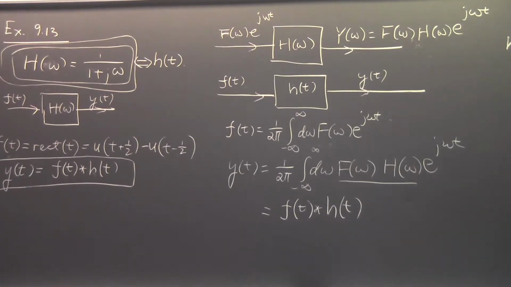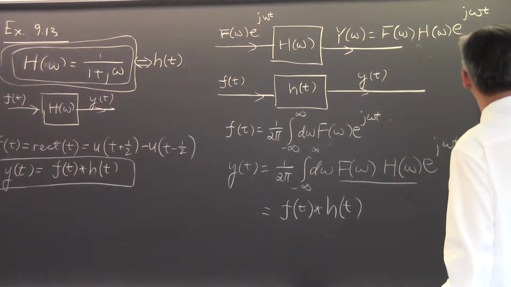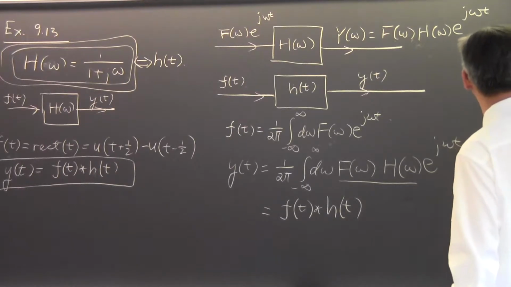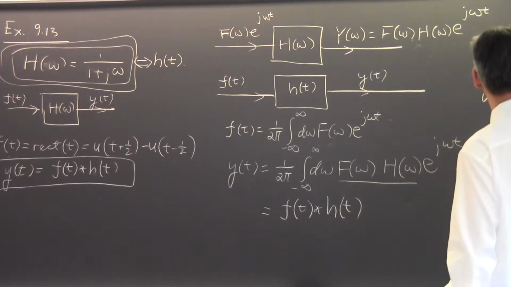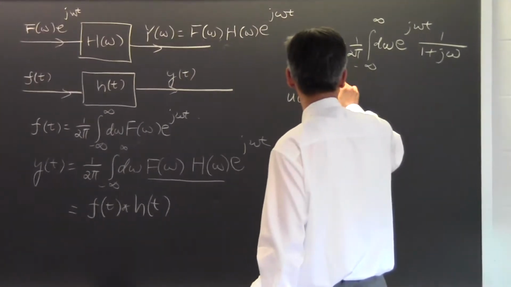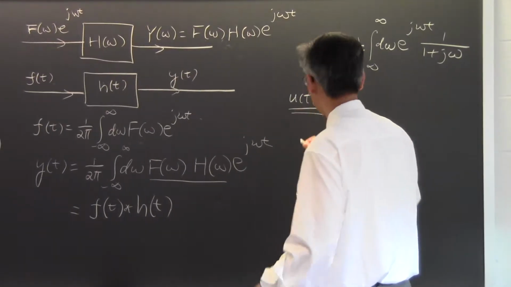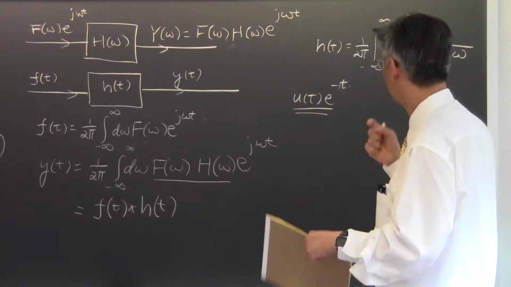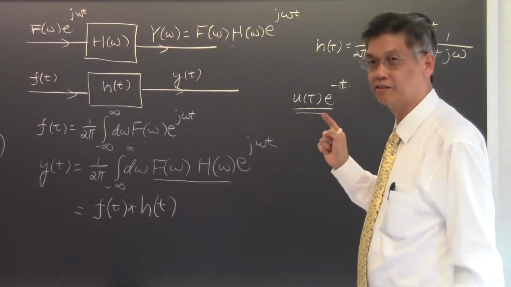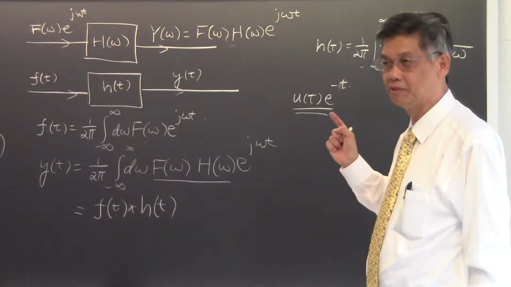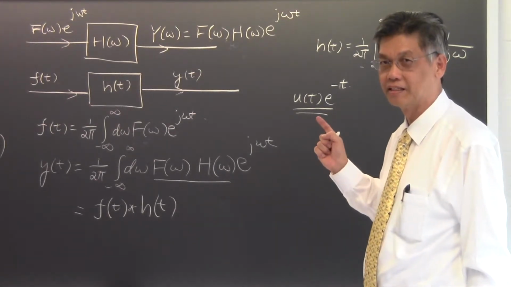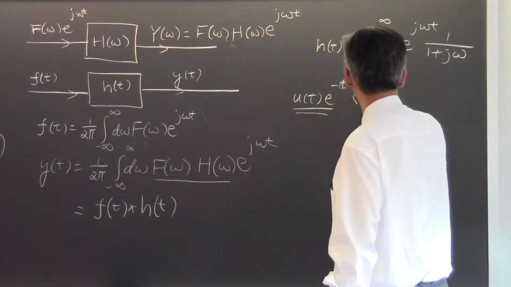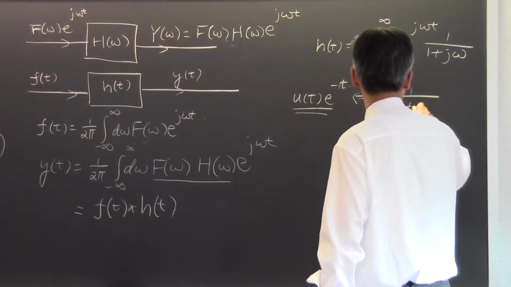We know this for a fact: if you have a function u of t e to the minus t, and you Fourier transform this quantity, and almost everybody knows how to do that, this thing Fourier transforms to 1 over 1 plus j omega.